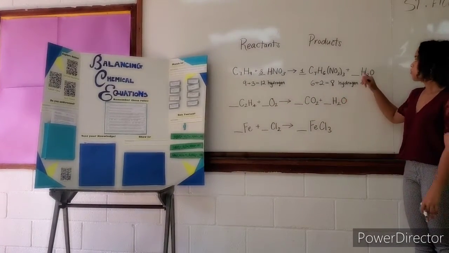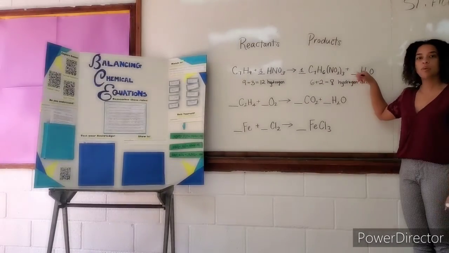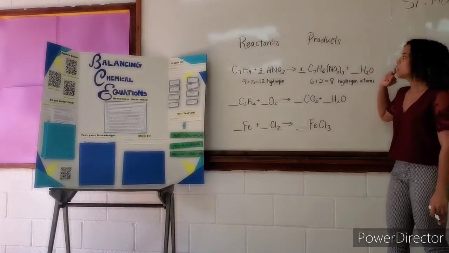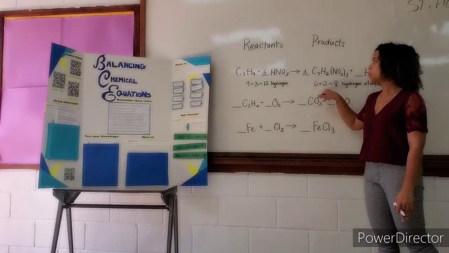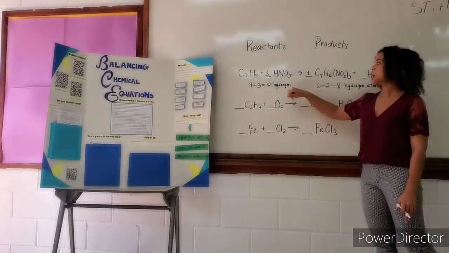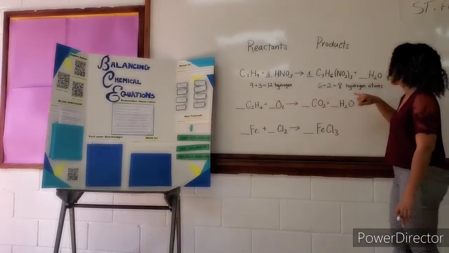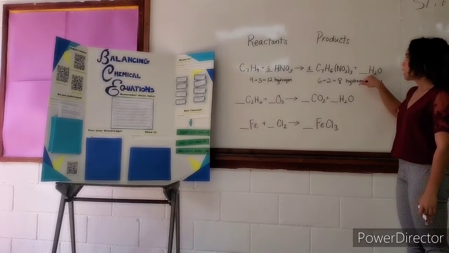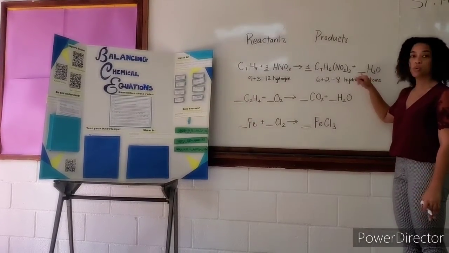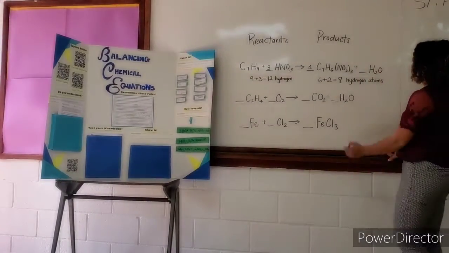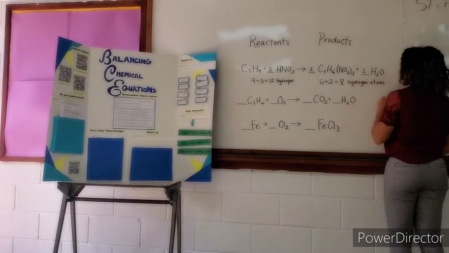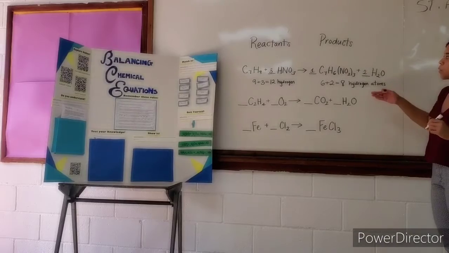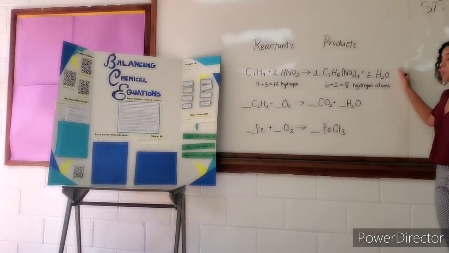We need this number, whatever it may be, to help us equal the same amount of hydrogen atoms. So we have 12 hydrogen atoms here. We need 4 more hydrogen atoms. We already have 2. So we know that 2 times 2 equals 4. We're going to put a 2 in front of this equation. And here we have our first balanced chemical equation.